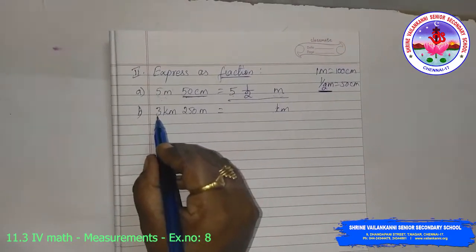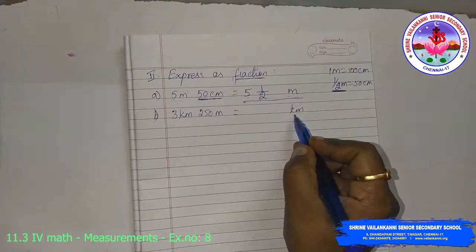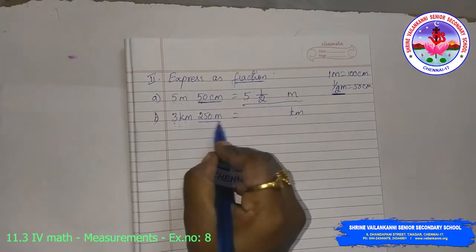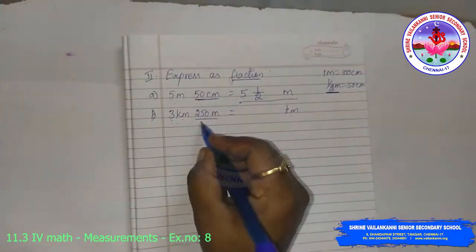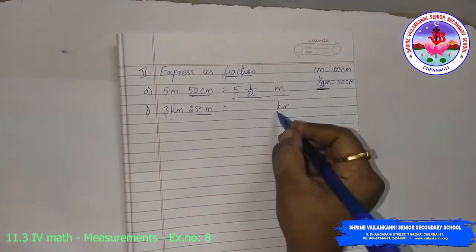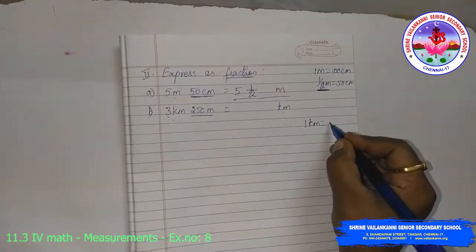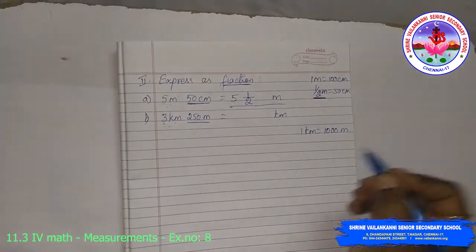So here again, 3 kilometer 250 meter, we are going to write it in kilometer. 3 kilometer is already in kilometer. This 250 meter alone we are going to convert into kilometer, presented as a fraction. So 1 kilometer is equal to how many meter? 1000 meter.